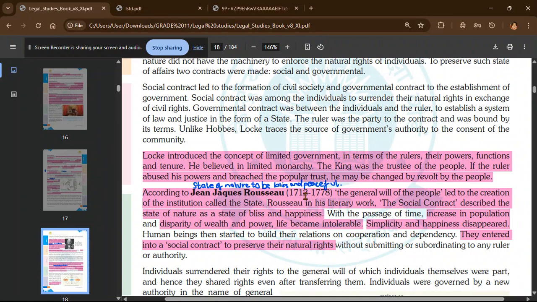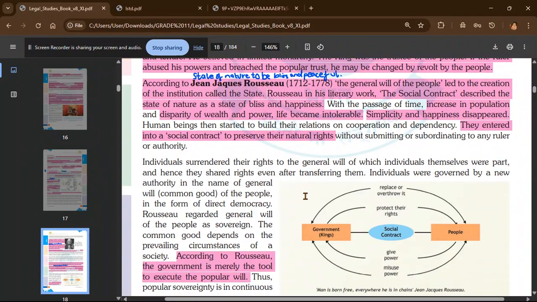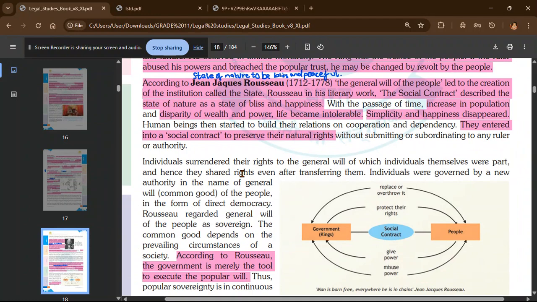With the passage of time, increase in population, and disparity of wealth and power, life had become intolerable. Simplicity and happiness in the faces of people had disappeared, and they entered into a social contract to preserve their rights. Rousseau also says that government is just a tool to execute the popular will of the people.